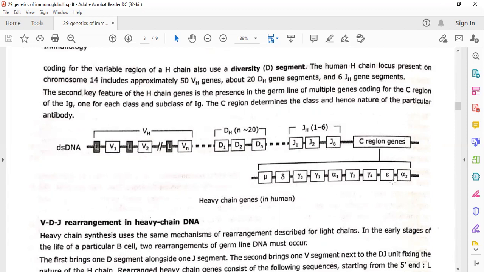These are the chains which will decide the type of antibody to be prepared. So this is all about the normal genetics of the immunoglobulins.